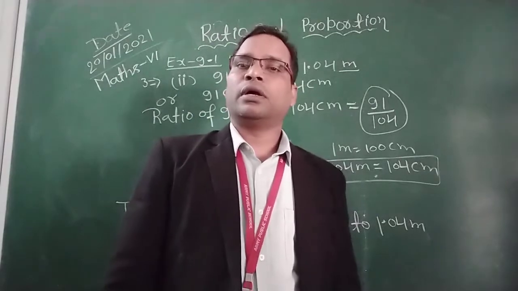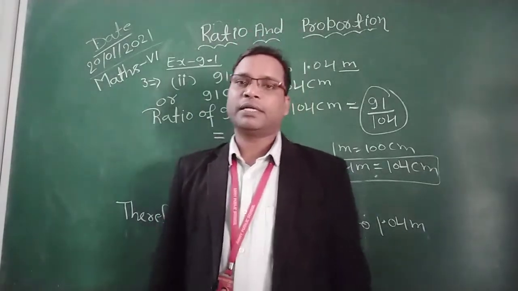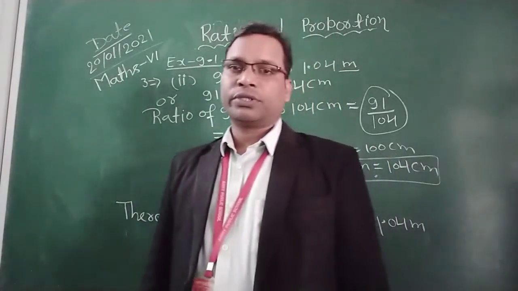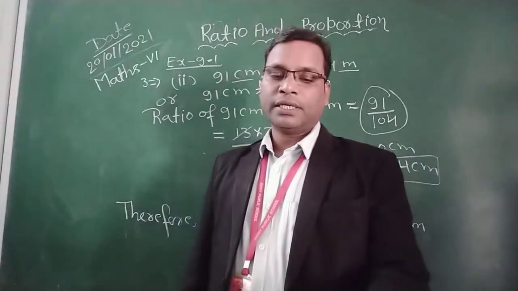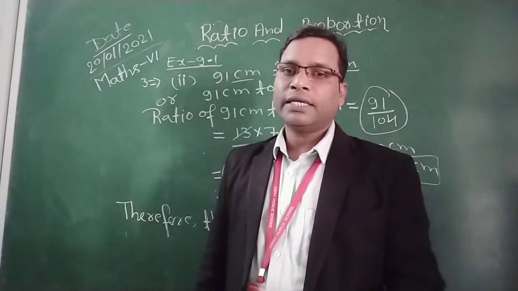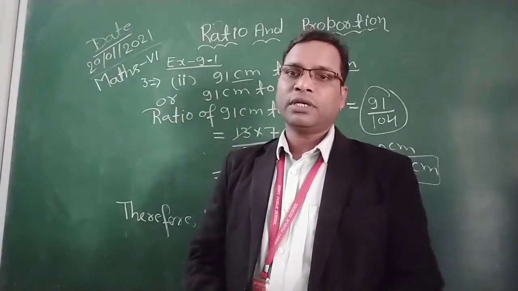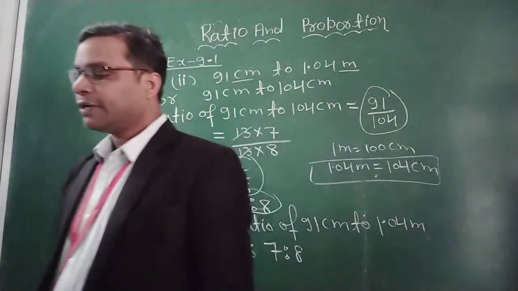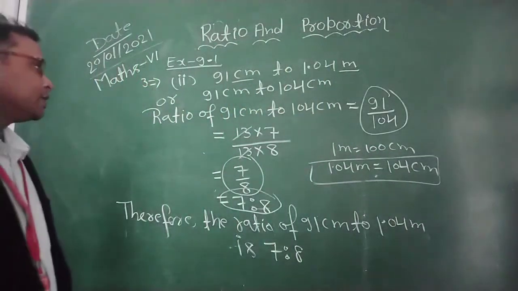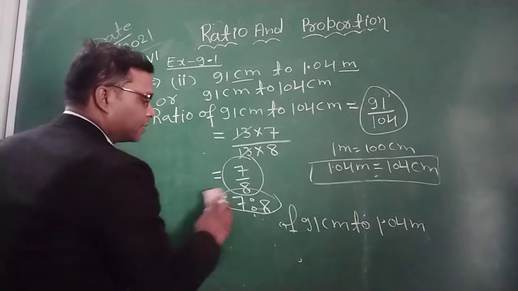So student, I hope all of you understood this question. Now we are going to discuss the third part of question number 3. Let's see what is in the third part. The third part is: find the ratio of 3.5 kg to 250 grams. First we erase them, after this we solve the third part.